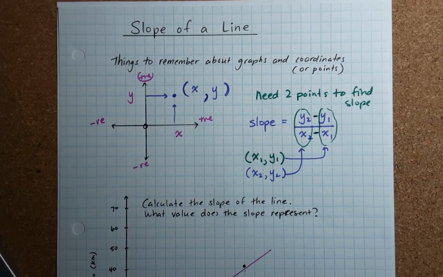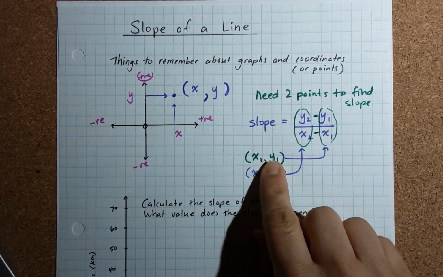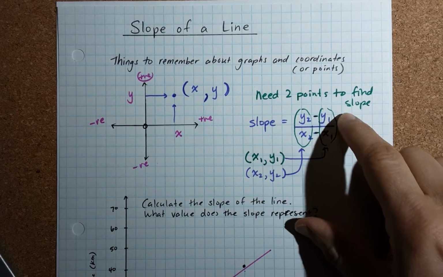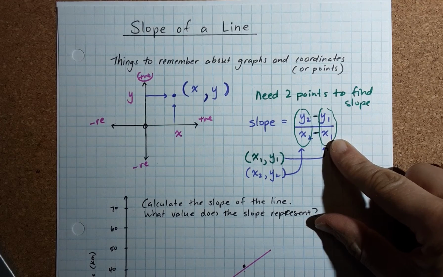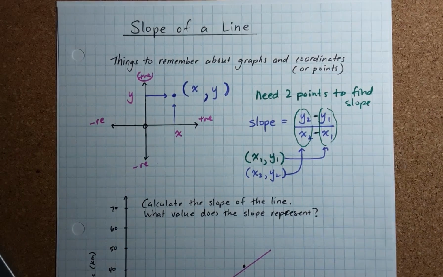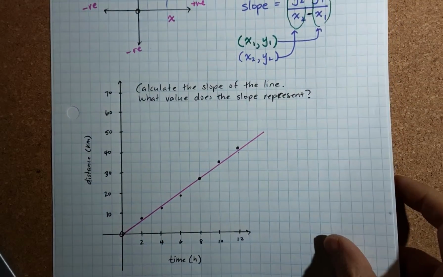Now, what do students find confusing about this? Well, you're breaking apart the coordinates, okay? And you have to make sure the y goes on the numerator and the x goes on the denominator at the bottom. So let's do a sample. This is a graph.